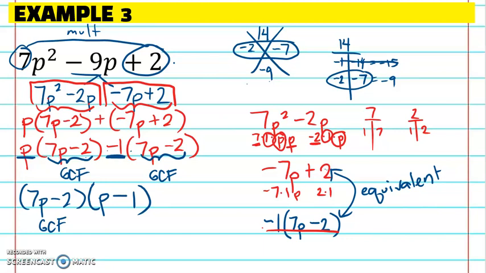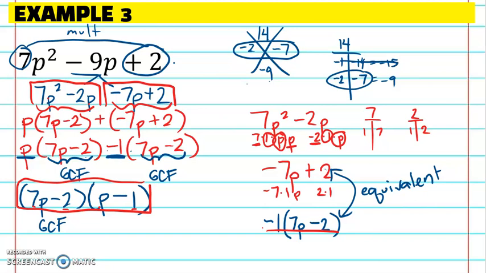I check real quick. Okay, I have 7 and 2, no common factor. I look in here, I have 1p and negative 1, no common factor other than 1. This is my final factored form. 7p minus 2 times p minus 1 will give me back 7p squared minus 9p plus 2.